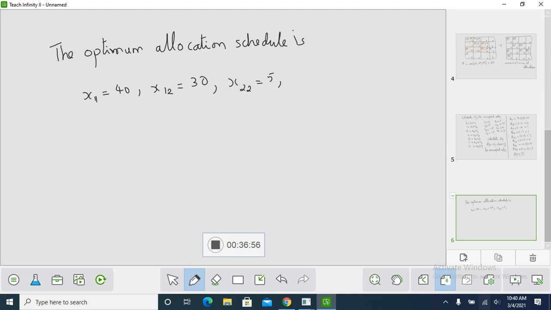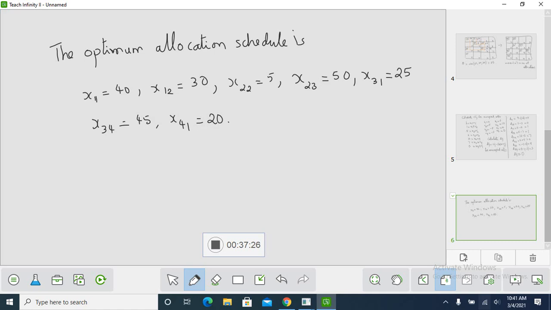Then we have x23, and the value for that is 50. Then x31, value is 25. x34, the value is 45, and the value for x41 is 20.